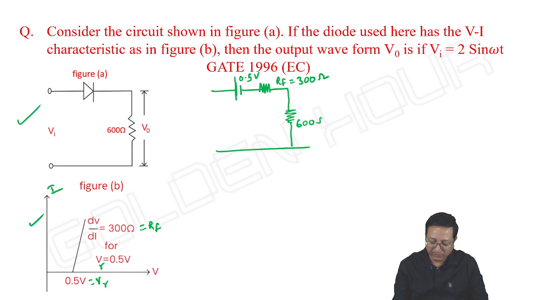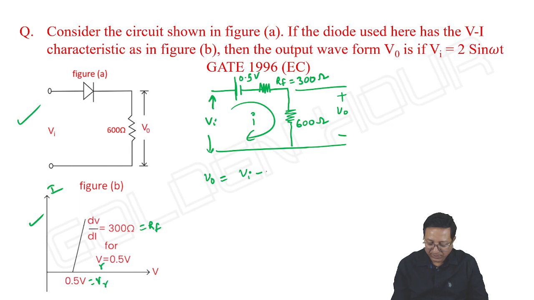The resistor is 600 ohms. We input Vi. They are asking us to find V output. So V output is equal to Vi minus, what is the current in the circuit first? Vi minus 0.5 divided by 300 plus 600, multiplied with 600.